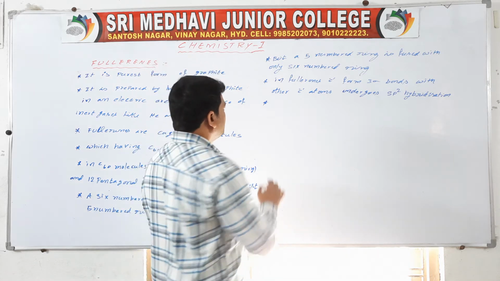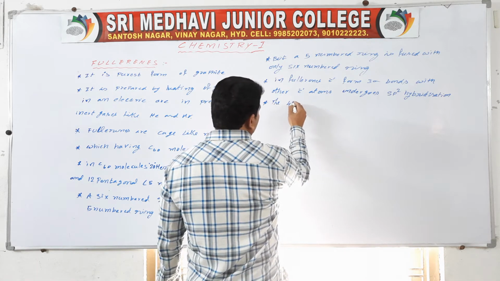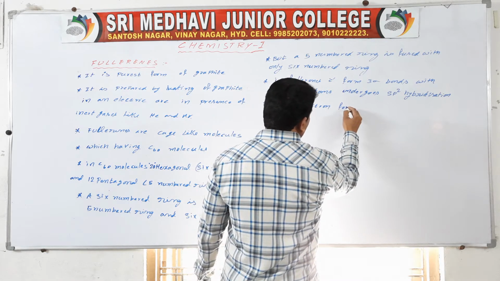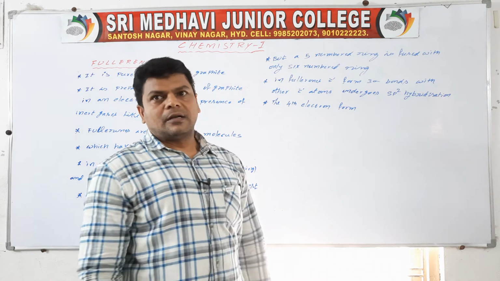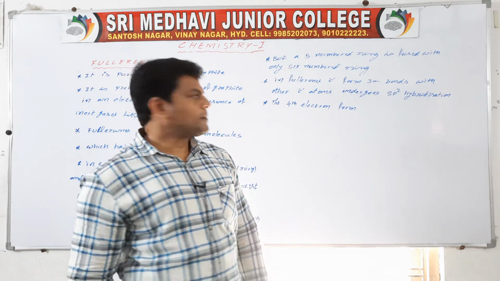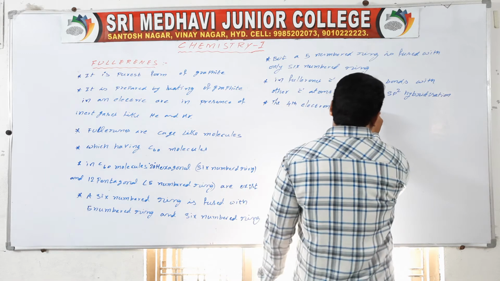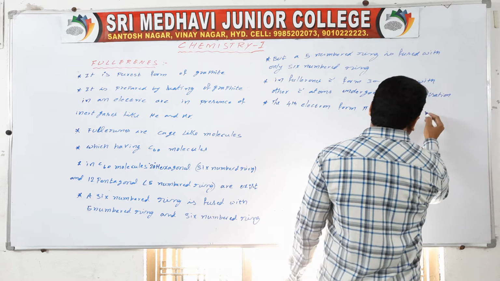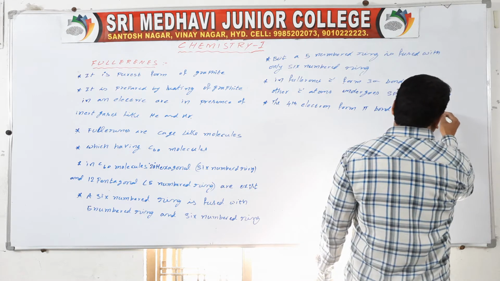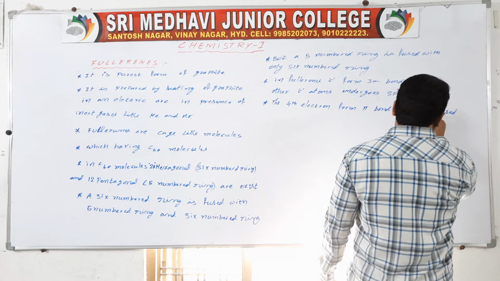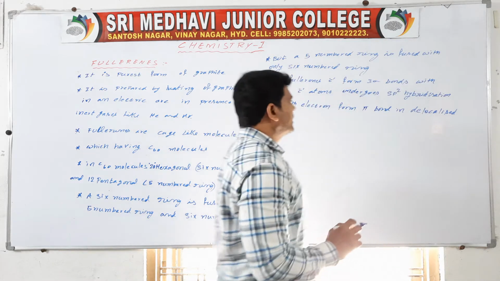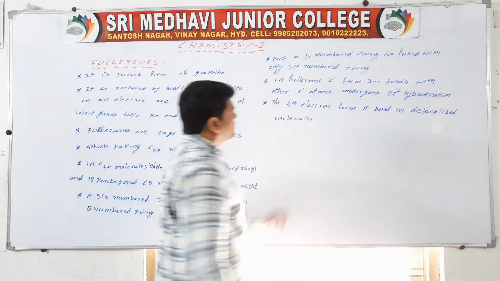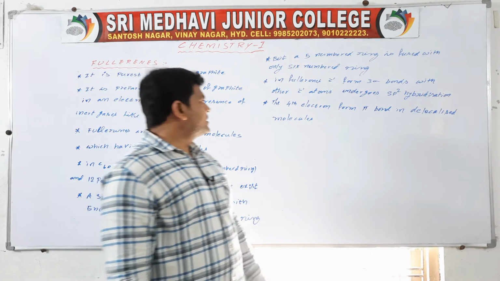Okay, the fourth electron is delocalized in the molecule. The fourth electron forms a pi bond in delocalized molecules.